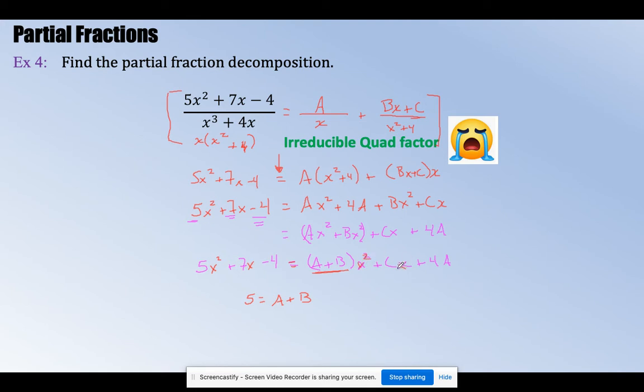The coefficient of x to the first must be 7. The constant on the left is -4, so the constant on the right must be equal to -4.